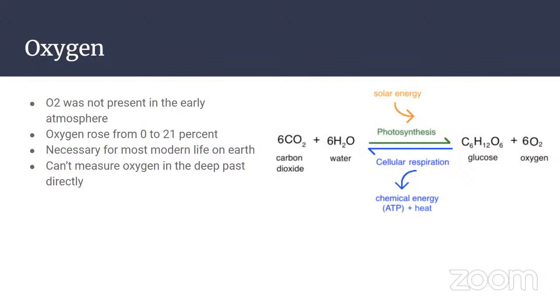So it wasn't supposed to be part of our experiments when we were looking at amino acid formation from abiotic factors. But nowadays about 21% of the atmosphere is oxygen. That's a huge difference based on what we can see, and oxygen is really necessary for most of the life on Earth today. So it's an important part of the picture.